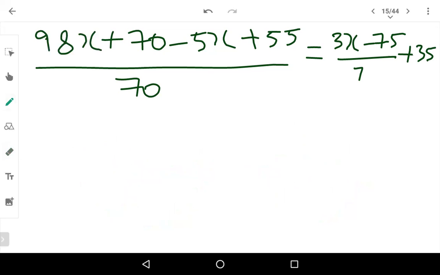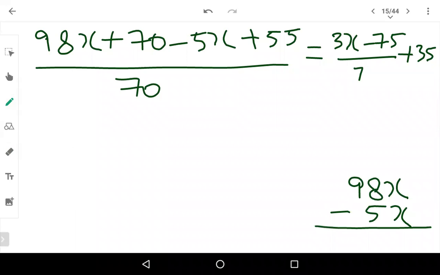Okay, now in the next step, let us simplify the expression here. So we have 98x minus 5x. So how much do we get? We get 93x. 98 minus 5 is 93. Then 70 plus 55.